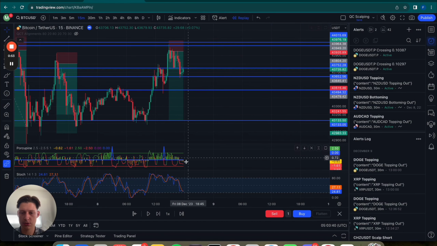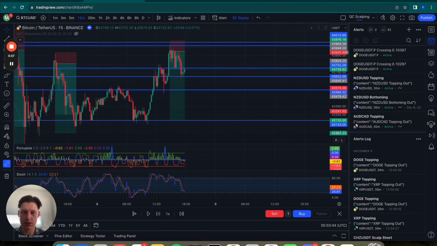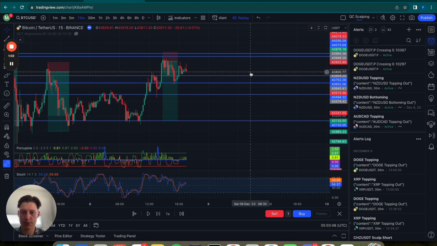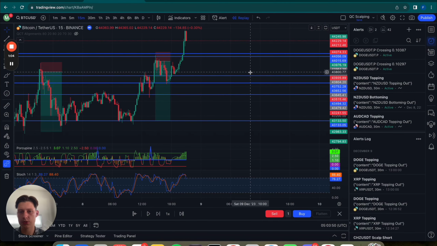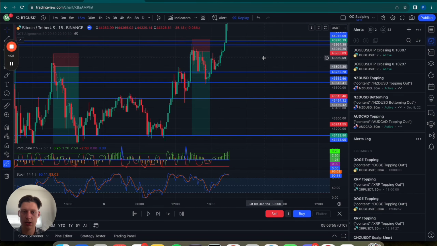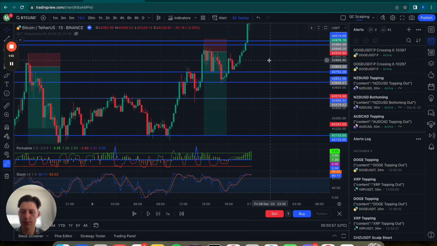Right here, starts turning. At that point, I exited, and that was it. After that, the price just went further up and continued to move upwards. So we successfully traded the small consolidation here based on our strategy and our alignments.